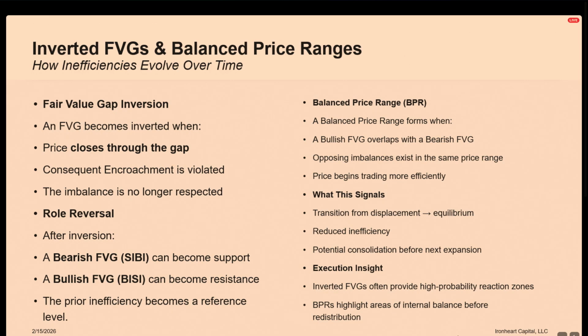Price trades back into that gap and then expands directly back through it. It is a good sign, again, if you are looking for continuation or confirmation that the model you are in is confirmed, right? You want to see these sorts of PD arrays invalidated or violated if you are looking for a shift in model.